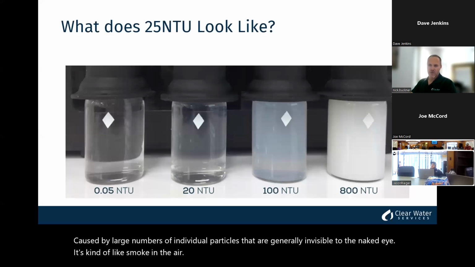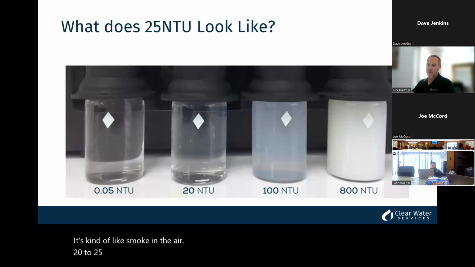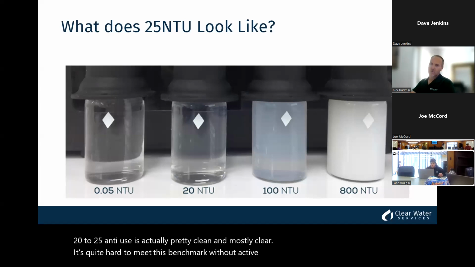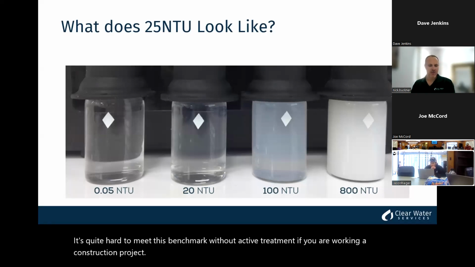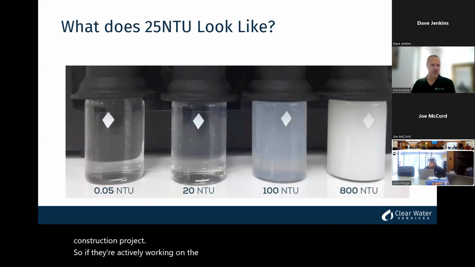20 to 25 NTUs is actually pretty clean and mostly clear. It's quite hard to meet this benchmark without active treatment if you are working a construction project. So if they're actively working on the site, tearing up, moving piles of dirt, disturbing soil and stuff like that.